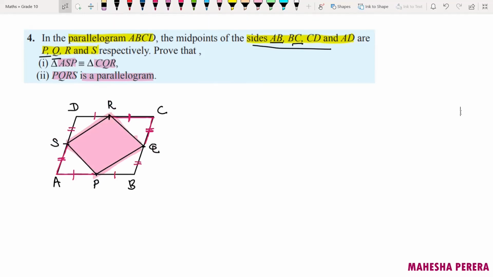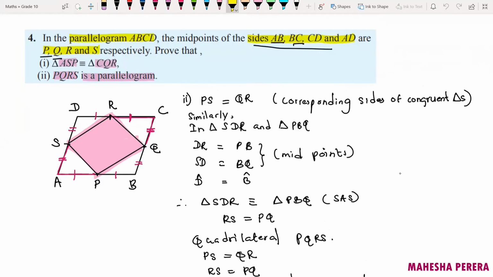So how do we prove that this is a parallelogram? When you consider the side PS and side QR, they're actually equal. Why are they equal? Because of the congruent triangles. So you can say corresponding sides of congruent triangles.